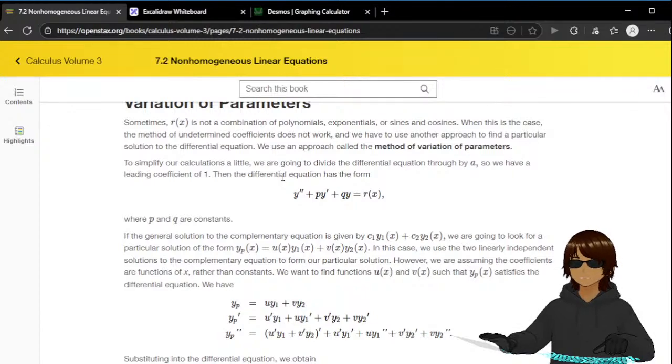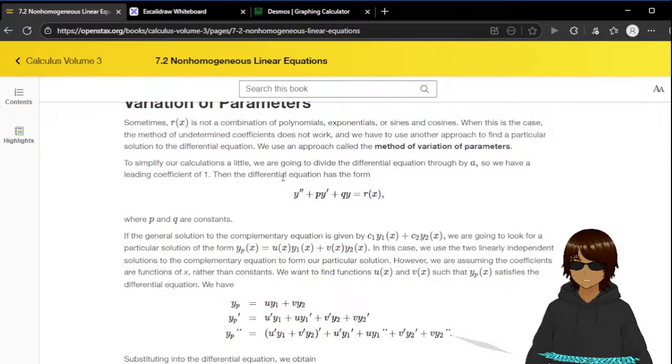Sometimes R(x) is another combination of polynomials, exponentials, and sines or cosines. And this is the case. The method of undetermined coefficients does not work, and we have to use another approach to find a particular solution to the differential equation.